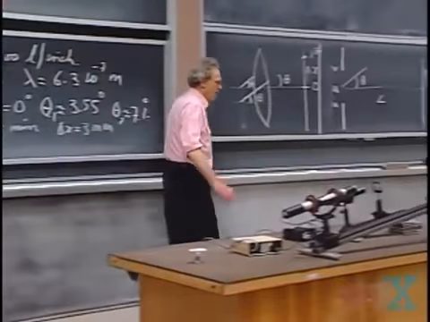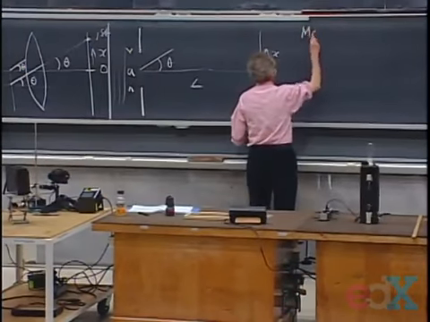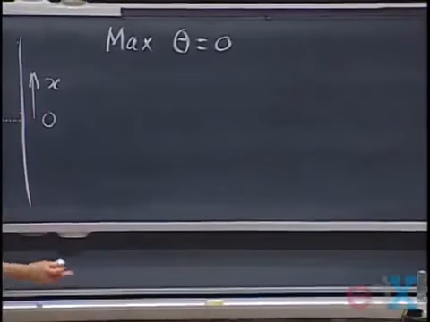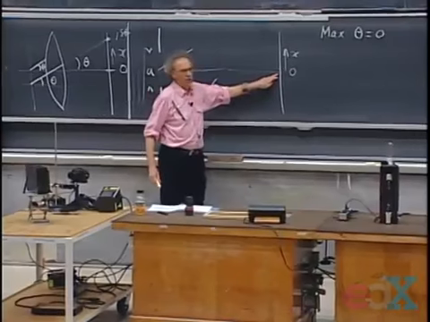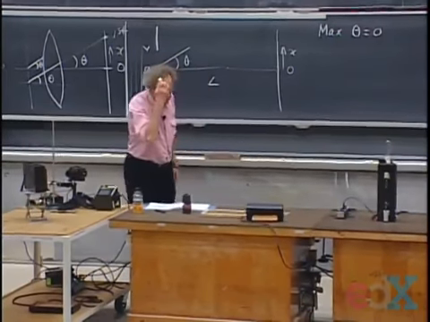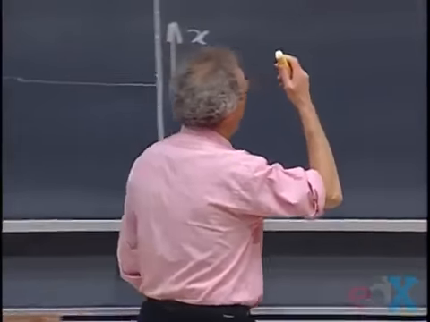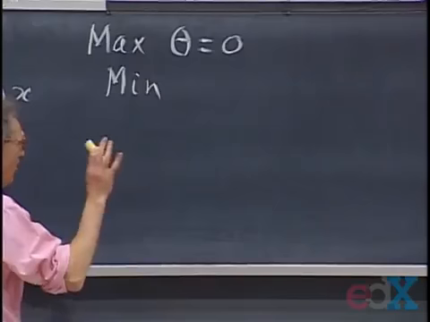One thing is obvious, and that is that you've got to get a maximum that is non-negotiable when theta equals 0. That's simply a matter of symmetry of the problem. If all these sources are in phase, clearly you're going to get a maximum here. No one will question that. The minima is very tricky. And the minima will fall at the following locations.